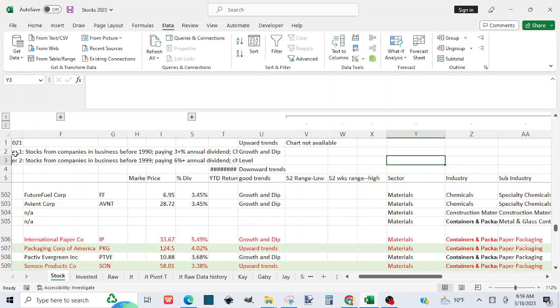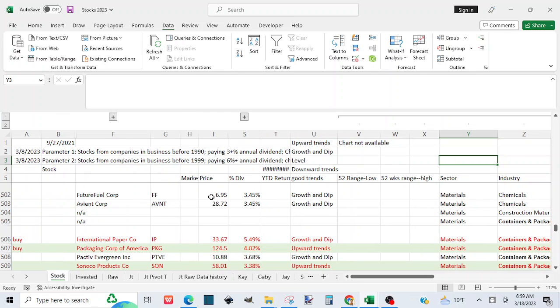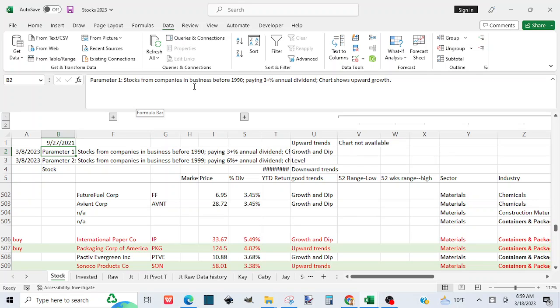So for instance, I set a parameter here on stock from companies that went public before 1990, paying 3% in dividend rate or more, on an annual basis, and they shall show upward growth.